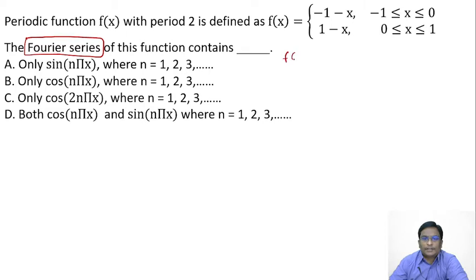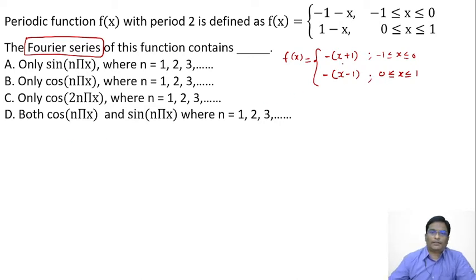It seems like the first function, if I take minus common, this is x plus 1. The first term, if I take minus common, this is x minus 1. These are the limits: minus 1 less than x less than or equal to 0, and 0 less than x less than or equal to 1. This is minus x, actually minus x.